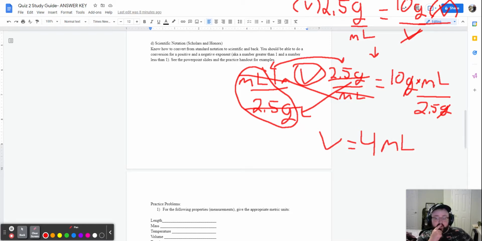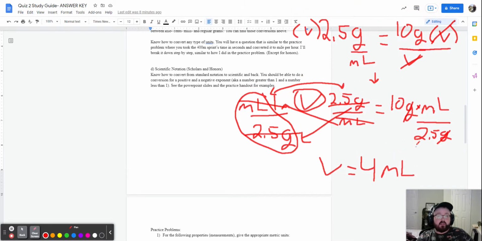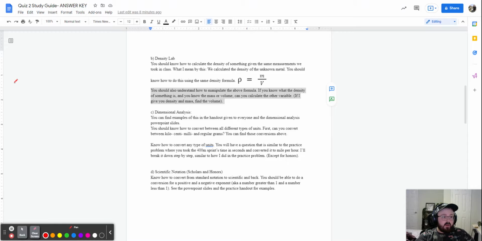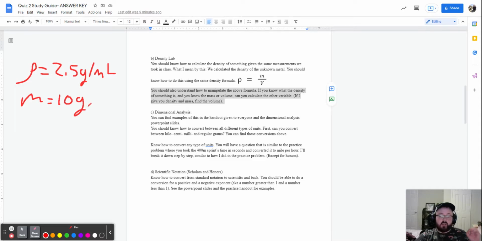For this type of experiment, if I ask you a question like this, you don't have to show me everything, but you need to set up the formula. So if I ask you this question, density equals 2.5 grams per milliliter, and the mass equals 10 grams, I don't need to see your entire algebraic thought process.